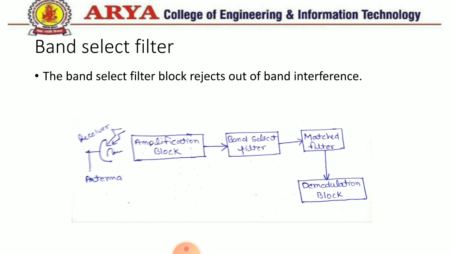So the echo signals received from these two targets are desired echo signals, and there are also some undesired targets like buildings, towers, stones, etc. The echo signals produced by these targets are undesired echo signals. So the role of the band select filter is to select the desired echo signal and reject all other undesired signals. So we can say that the band select filter block rejects out-of-band interference.